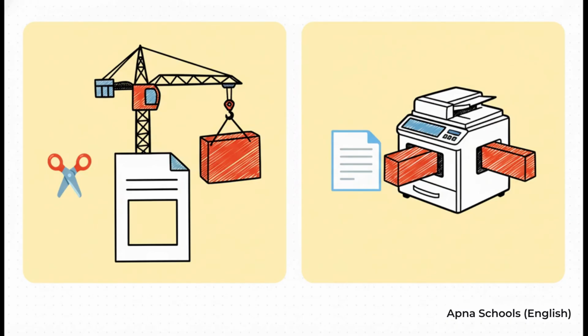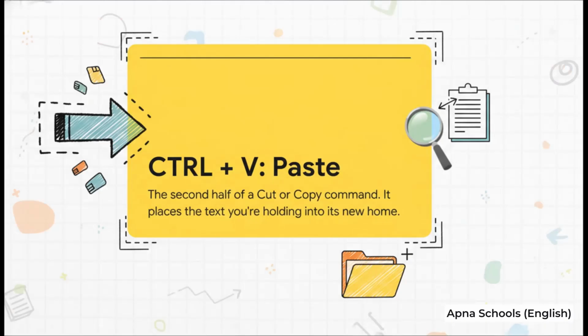CTRL+X, or cut, is kind of like picking something up to move it to a new house. It's gone from where it was. But CTRL+C, copy, that's like using a photocopier. The original stays exactly where it is. And of course, CTRL+V is the place it down command. It doesn't matter if you just cut something or copied it, this is how you put it down in its new home. It's the essential second half of the move.